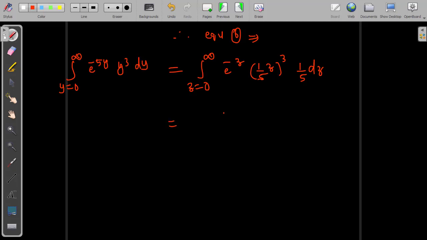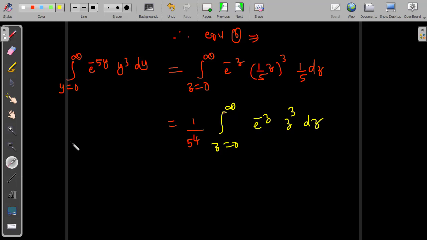After that, if you look here, this can be written like this: 1 by 5 to the power of 4. How 5 to the power of 4? Here we have z power 3 by 5 power 3, and here 5 power 1. So 5 power 3 times 5 power 1 is 5 power 4. Followed by the integral, I will write here z from 0 to infinity, e power minus z, z power 3, and the leftover part dz.